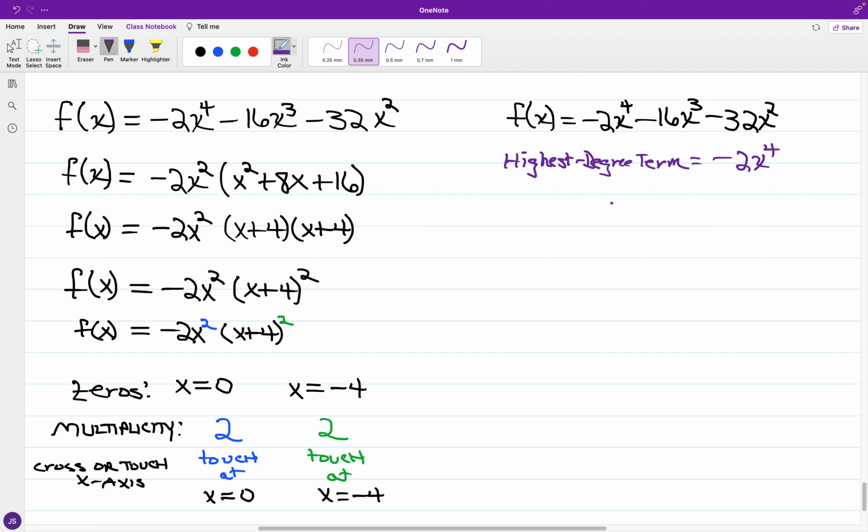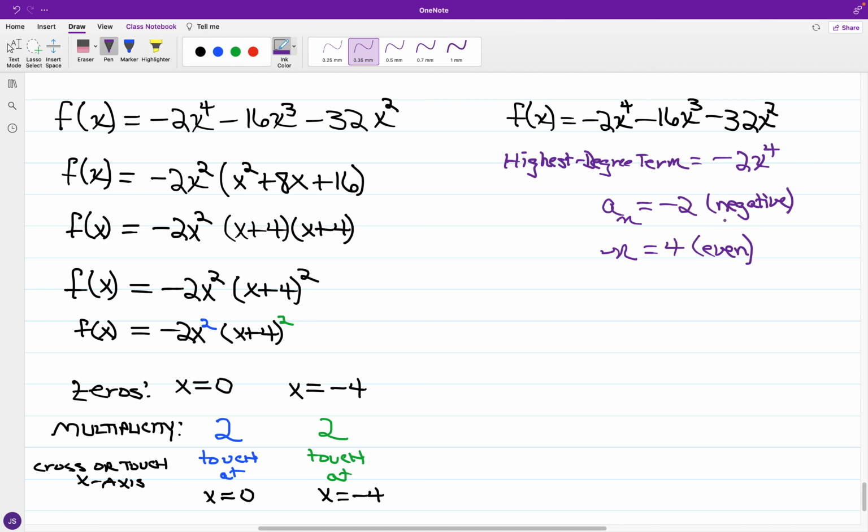And so for the highest degree term coefficient, a of n, that is minus 2. So that is negative. And again, the highest degree term defines the degree of the function, and that degree is 4. So that is an even value.